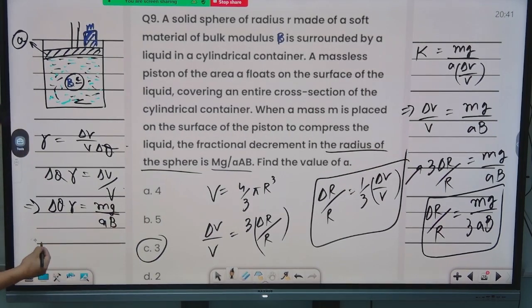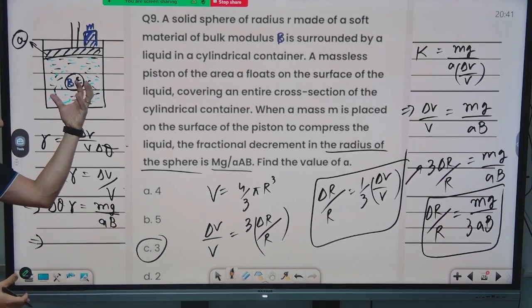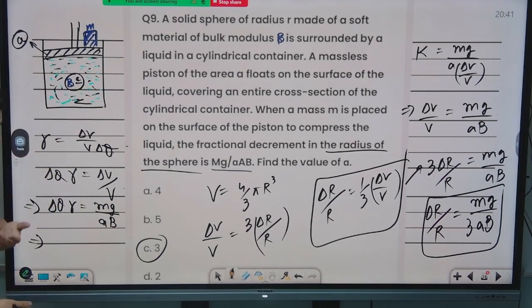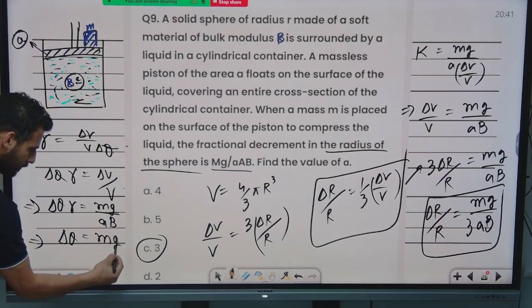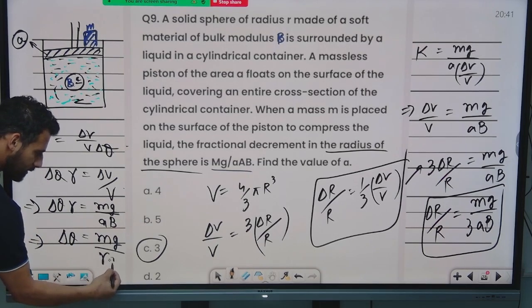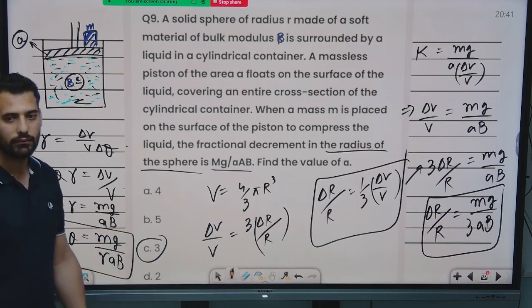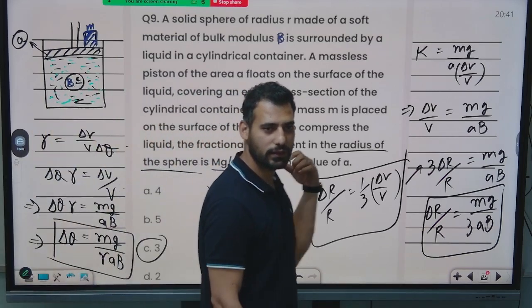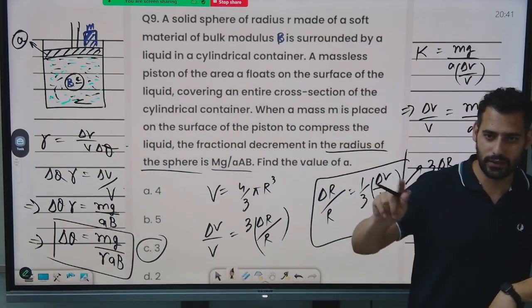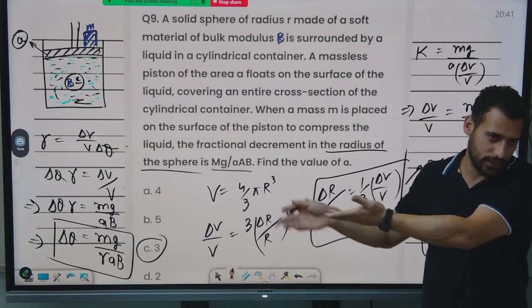So if someone asks by how many degrees we should change the temperature so that the radius doesn't change, then delta T, the increase in the temperature, should be mg by gamma times AB. This is the change in temperature. Another question derived from the same question. Why did this come to my mind? The reason was he was changing the length by increasing the temperature, but he can do it here as well.